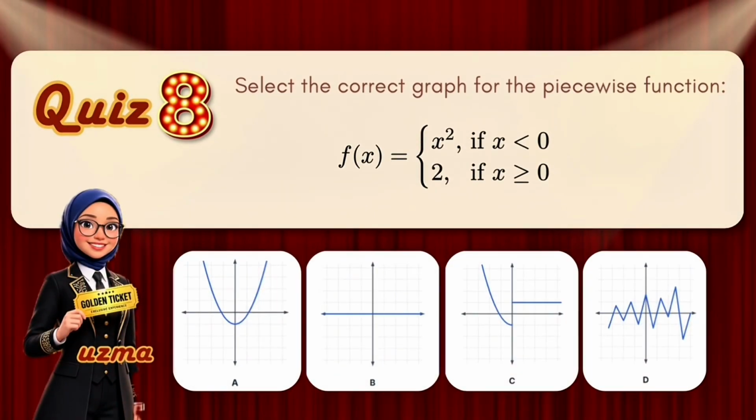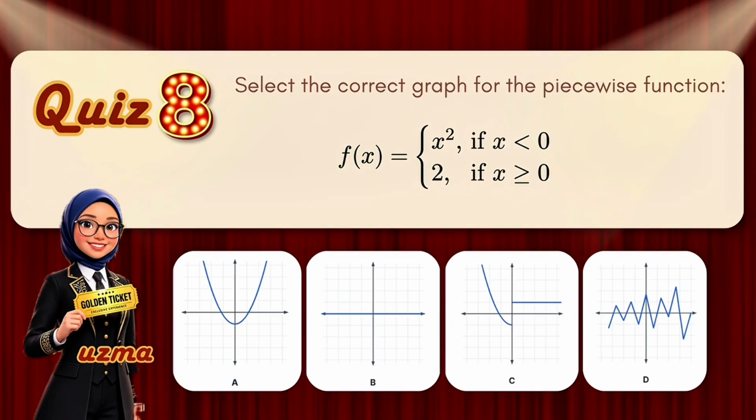Now let us test our understanding of graphing piecewise functions with quiz 8. We are asked to select the correct graph for f(x) equals x squared if x is less than 0 and 2 if x is greater than or equal to 0. Let us analyze what each piece should look like before making our pick.